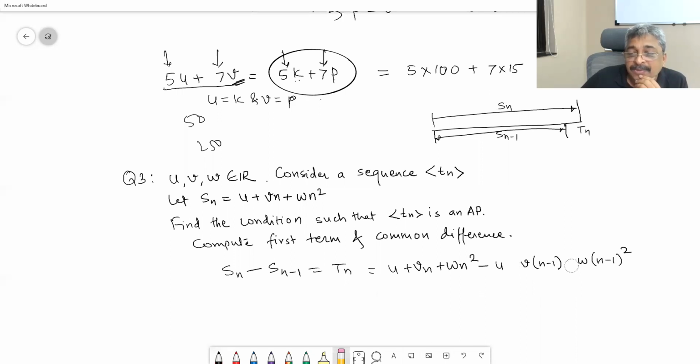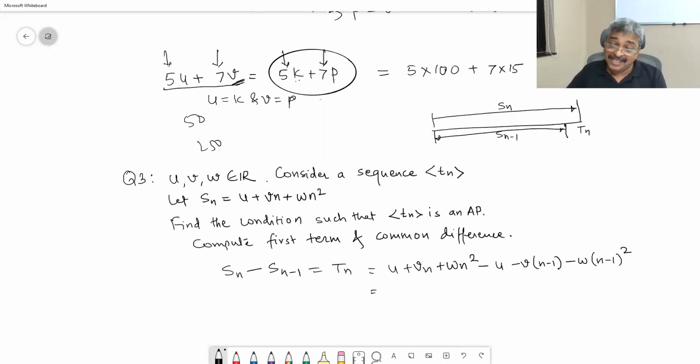Minus, minus. That makes it U gone, Vn gone. So what is remaining here is V, correct? Then Wn square is gone. What is remaining is plus.